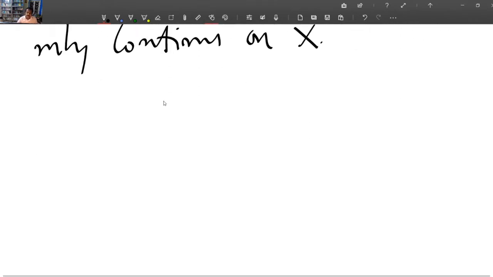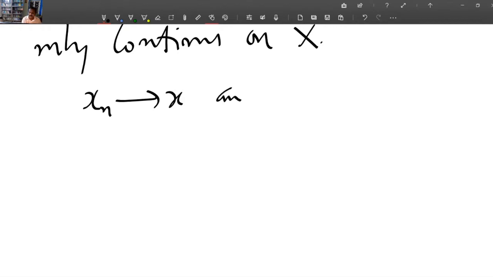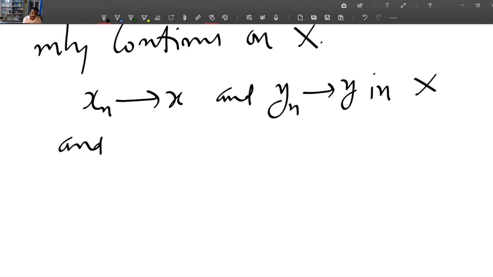And further, suppose xn converges to x and yn converges to y in X, and kn converges to k.